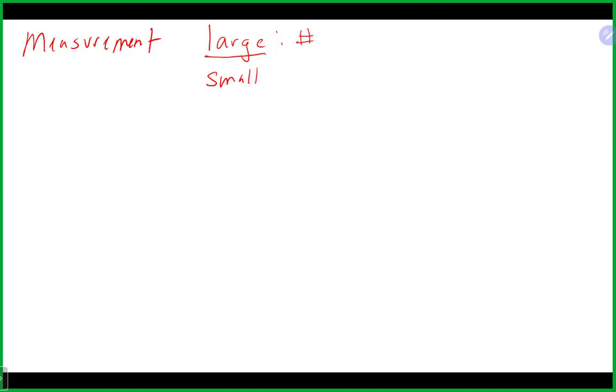When you count those, you can count starting after the last large marking and ending on the next large marking. So you can figure out how many small markings you have. You could divide the large marking's value by the number of small markings, and that will give you what each small marking represents.